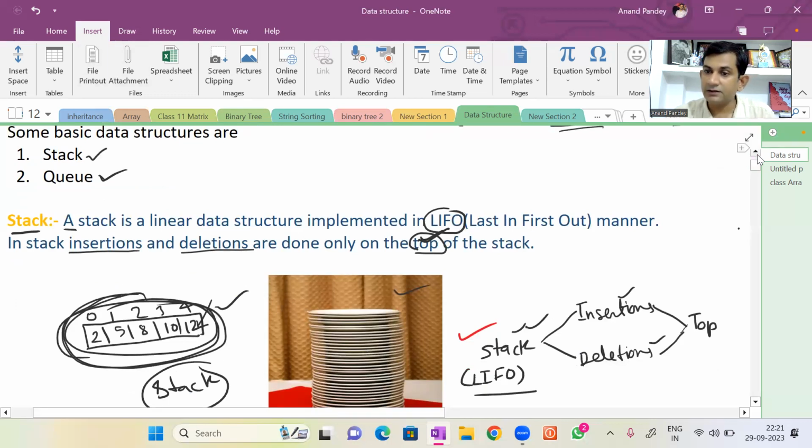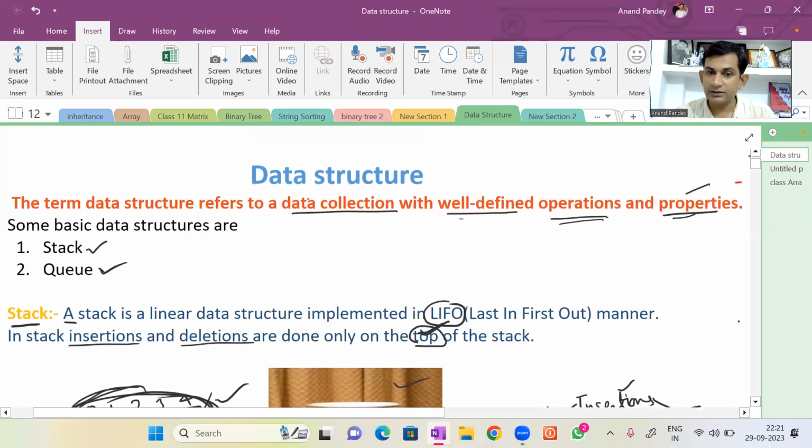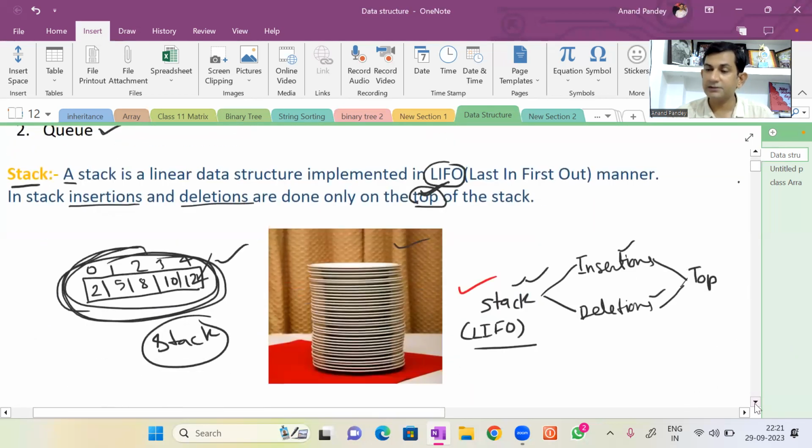A data structure refers to a data collection with well-defined operations, that is insertions and deletions, and properties. What is the property of a stack? Here insertion and deletion both are performed at the top only. So I think the definition is clear. If there is still any doubt, you can ask through the comment section.